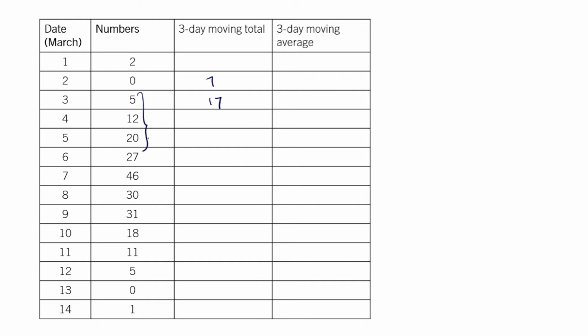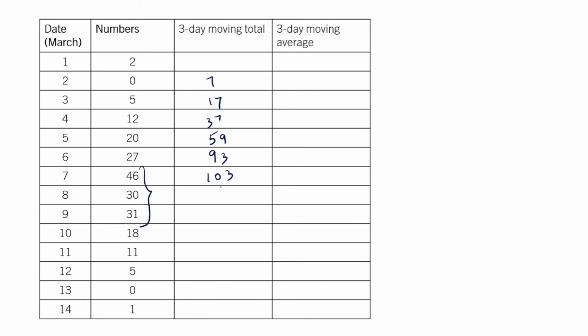Then 37. Then 59. Then 20 plus 27 plus 46, it is 93. Then 27 plus 46 plus 30, it is 103.